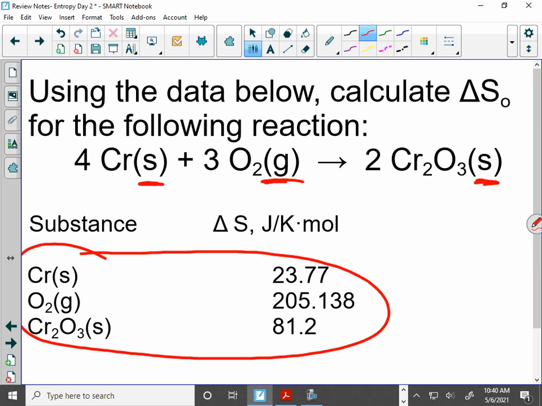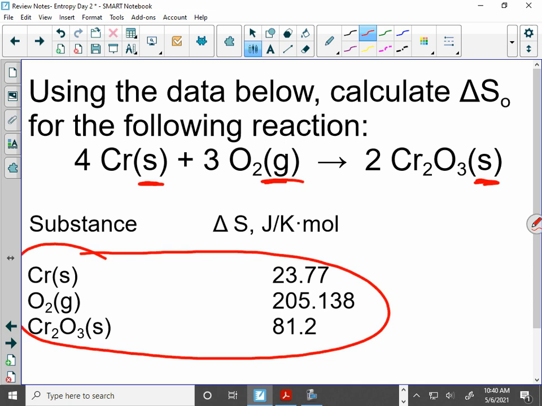So what do you think? Am I getting more ordered or more disordered when this equation happens? I'm getting more ordered. So I would think my entropy would be going down, okay? Because remember, entropy is a measurement of disorder. So my entropy, I think, is going down on this particular one. So let's go ahead and calculate that.